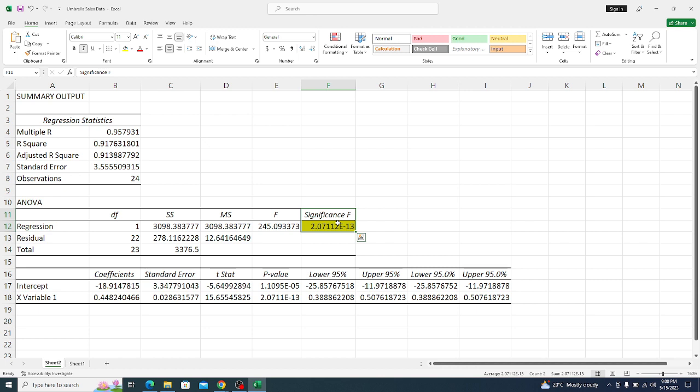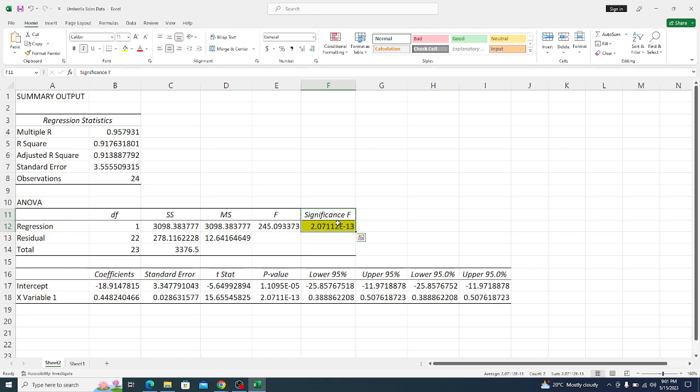So if the F significance, or the significance F, is less than 5%, basically 0.05, then we usually say that your model is reliable.